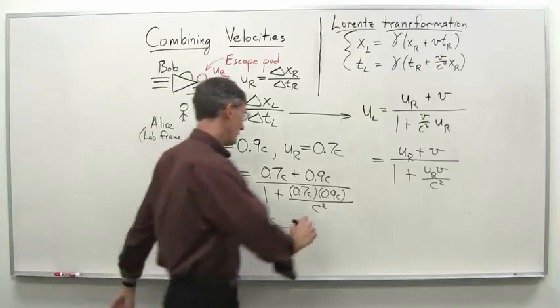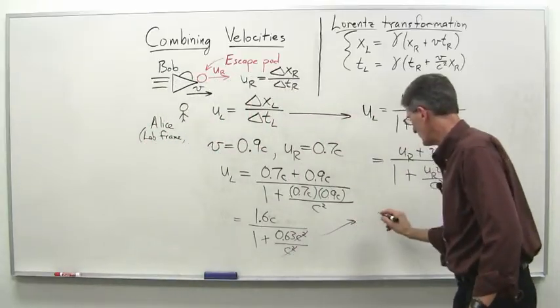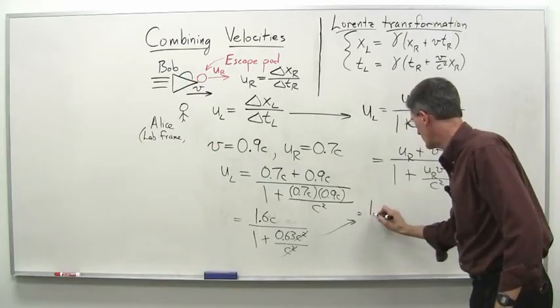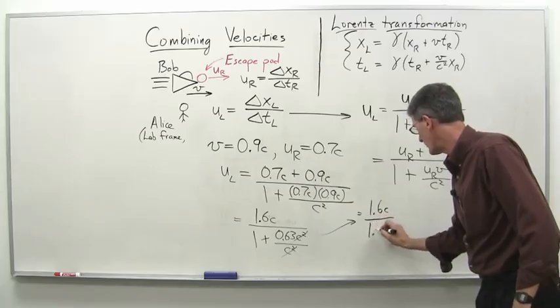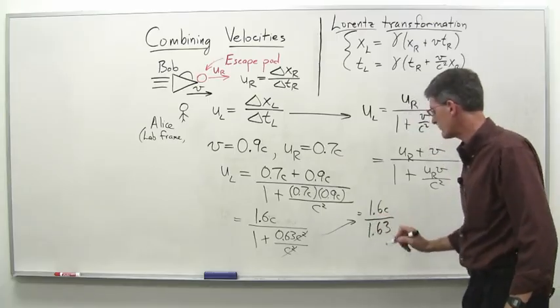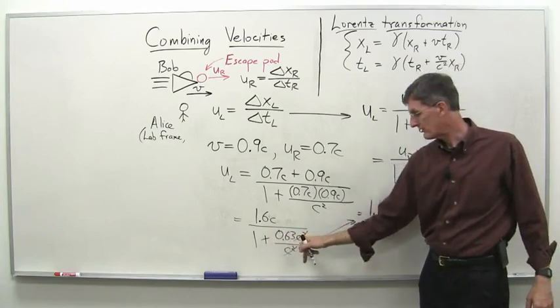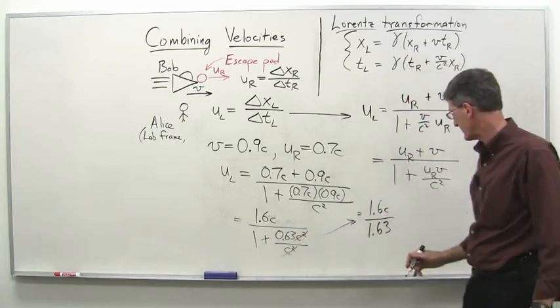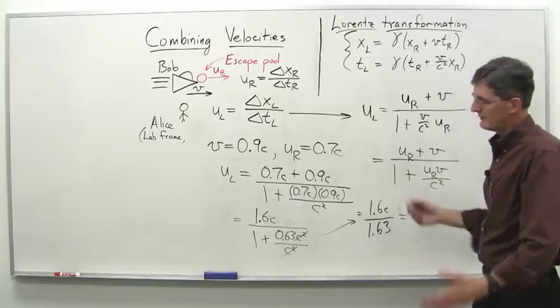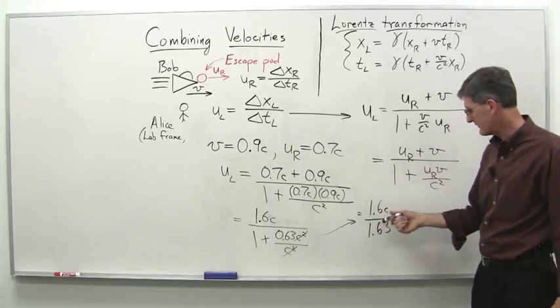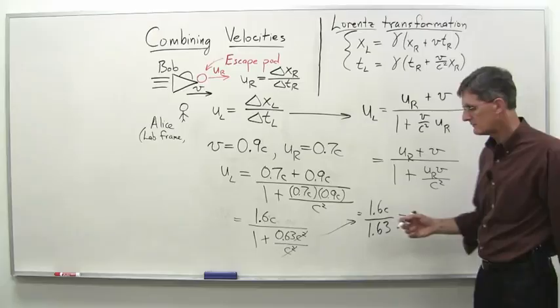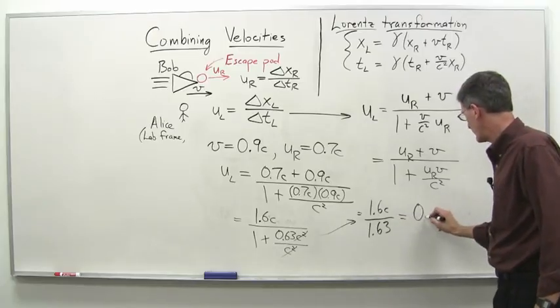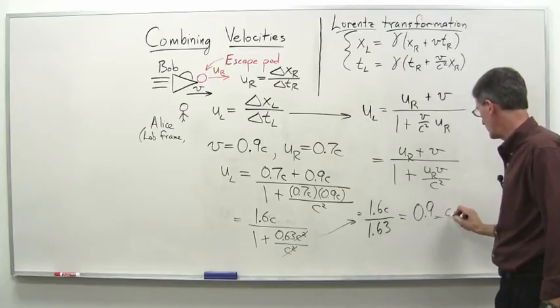And look what I'm left with: 1.6 c all over 1 plus just 0.63, the c squareds are gone. Get out your calculator and figure this out, but it looks like roughly 0.9 something c.